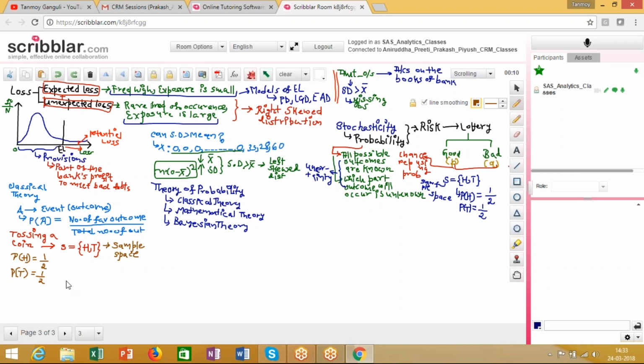Therefore, the probability of head and the probability of tail is half each, right? So these are the respective probabilities that I have, and they have been calculated from this simple definition of classical theory.